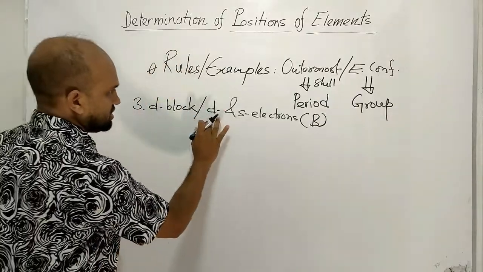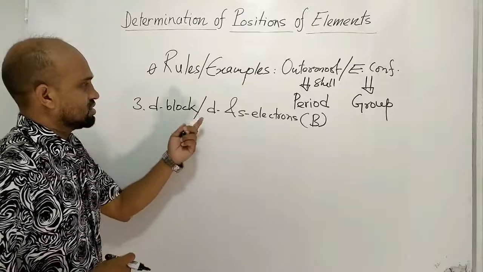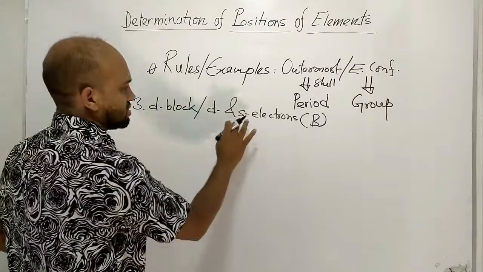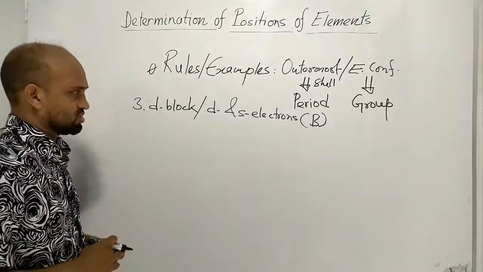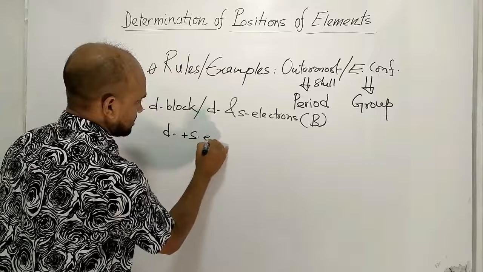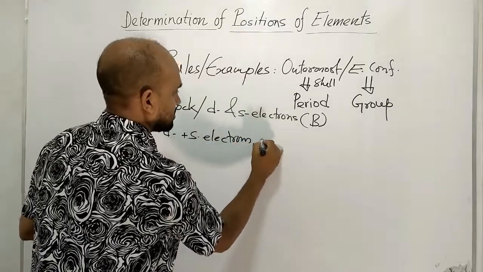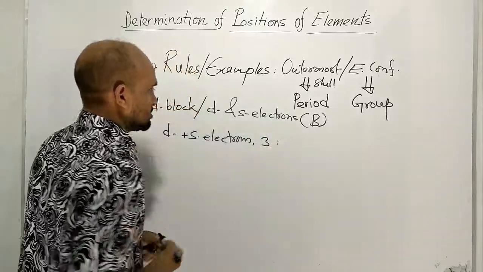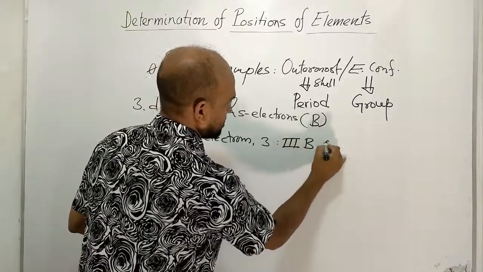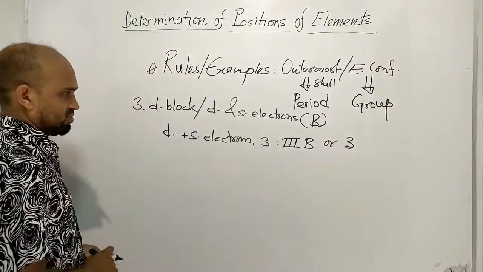The d orbital electrons, that is the penultimate shell d electrons, and the outermost shell s electrons: if d plus s electrons is 3, then the column will be 3B or 3 in the most modern periodic table.